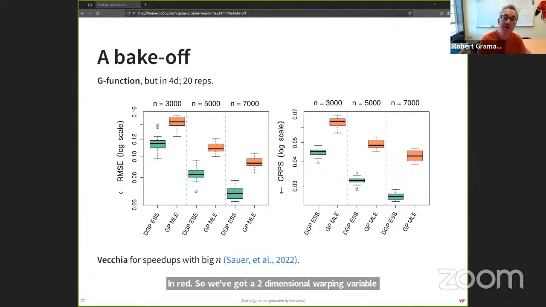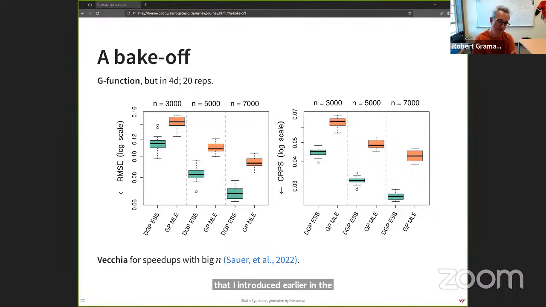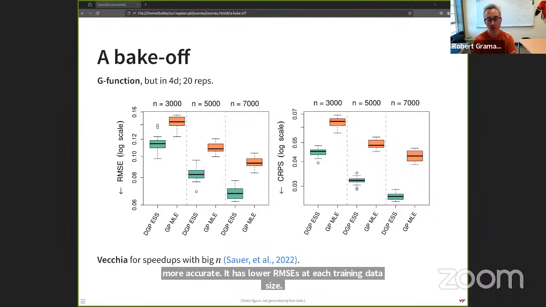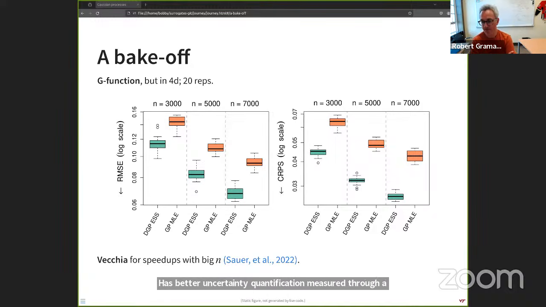We did a 4D version in a kind of bake-off where we pitted a deep Gaussian process with elliptical slice sampling against the Gaussian process that I introduced earlier in the slides. And you can see that the deep one on this problem is more accurate. It has lower RMSEs at each training data size, and it has better uncertainty quantification measured through a scoring rule, where in both cases lower is better, shown on the right-hand side.